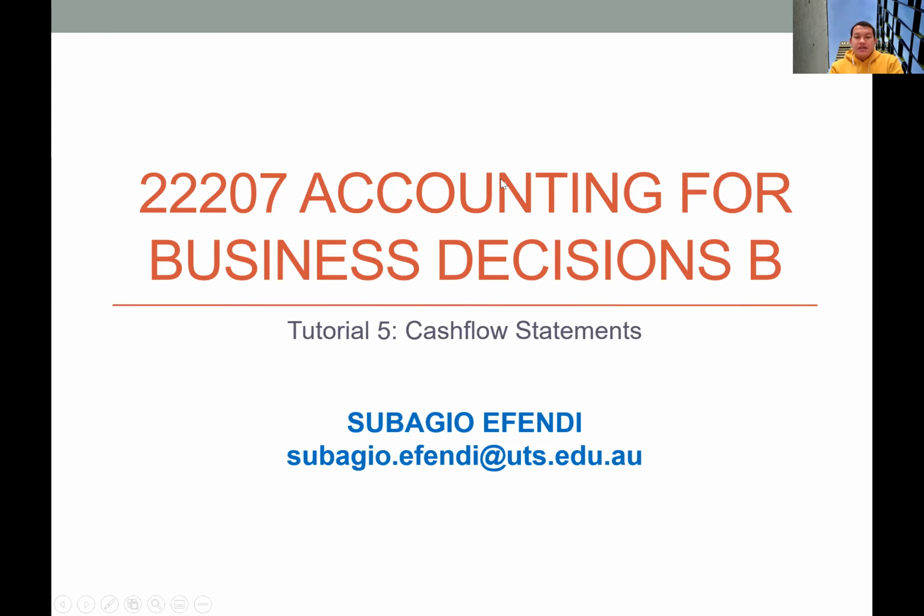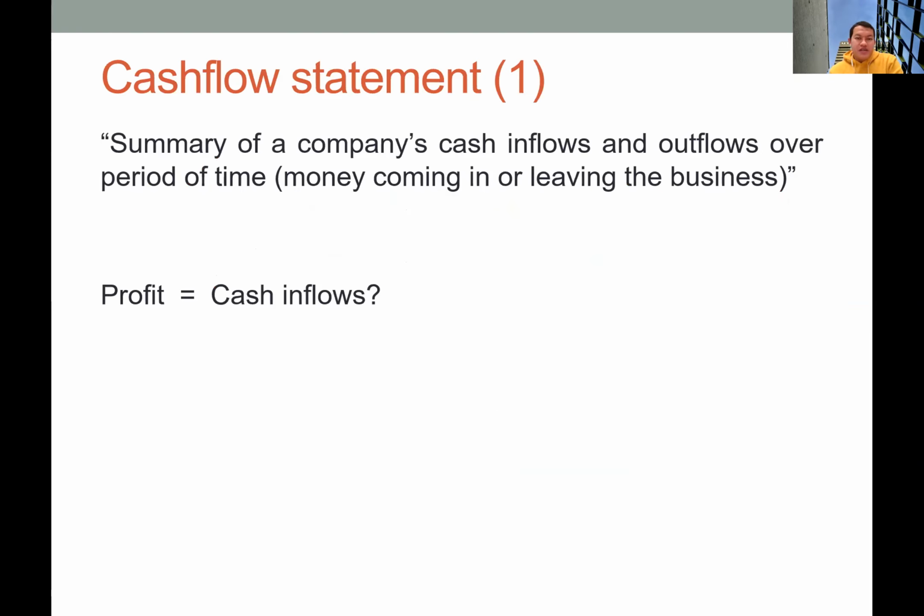Let's start with some definition of cash flow statement. A cash flow statement is simply a summary of a company's cash inflows and outflows. The statement will show the total cash inflow and also cash outflows, and in the end we will have the net balance of cash.